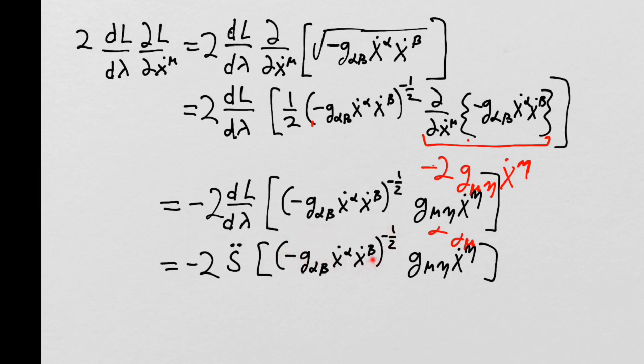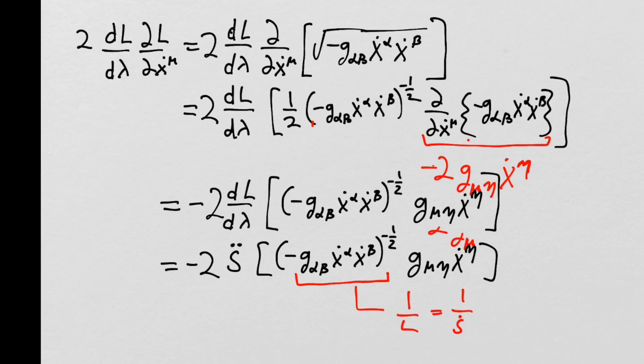Now this guy here, inside here, is 1 over L. But L is s to the first derivative, so it's 1 over s dot.